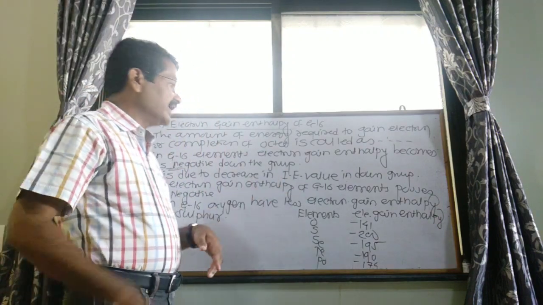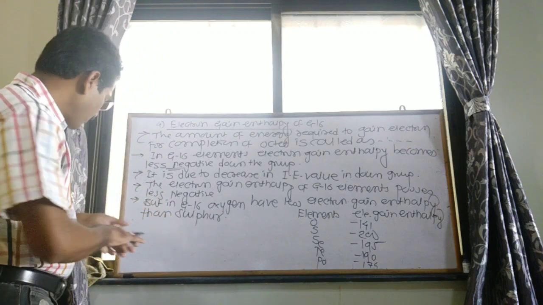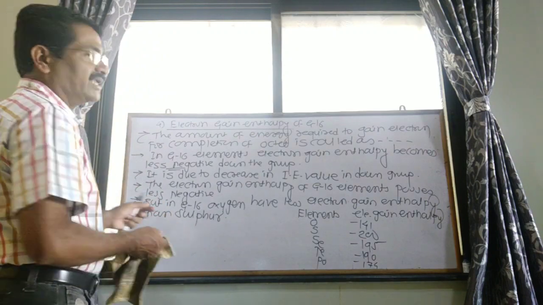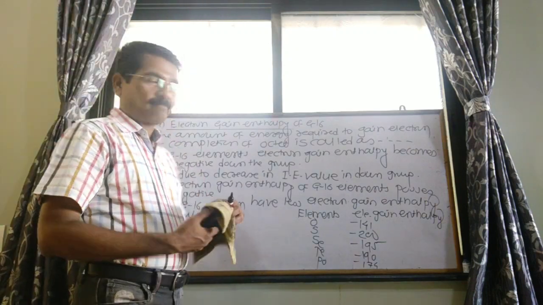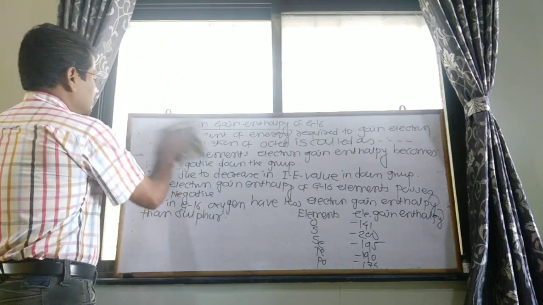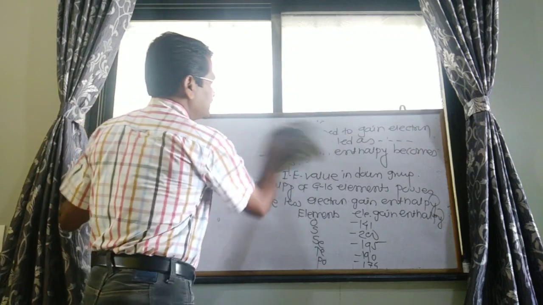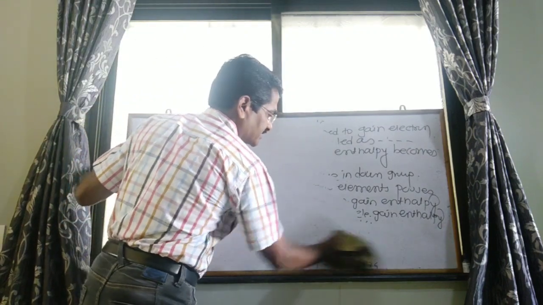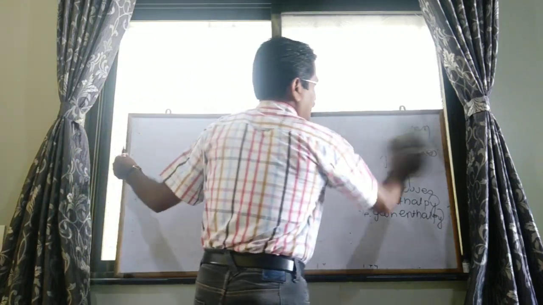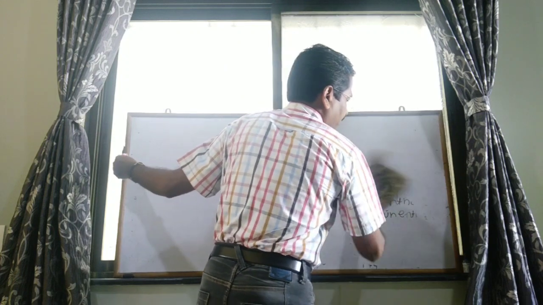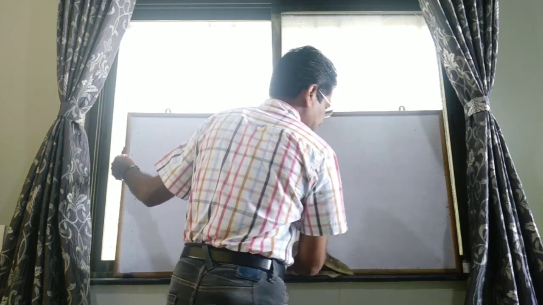So this is the electron gain enthalpy of all elements included in Z16. Then the next question for 2 marks is the physical properties of Z16 elements.